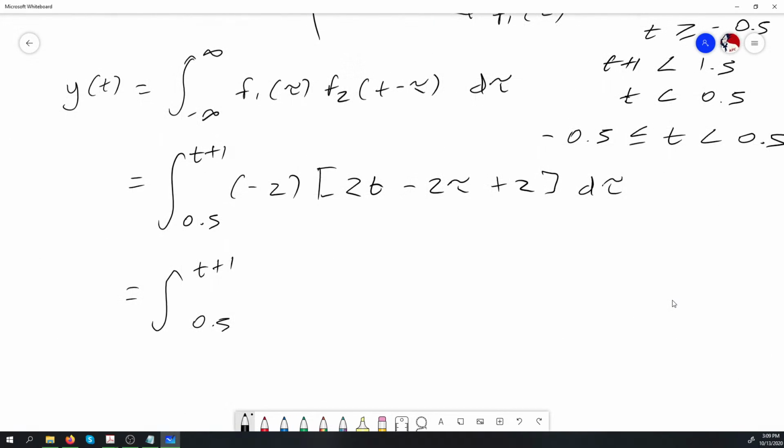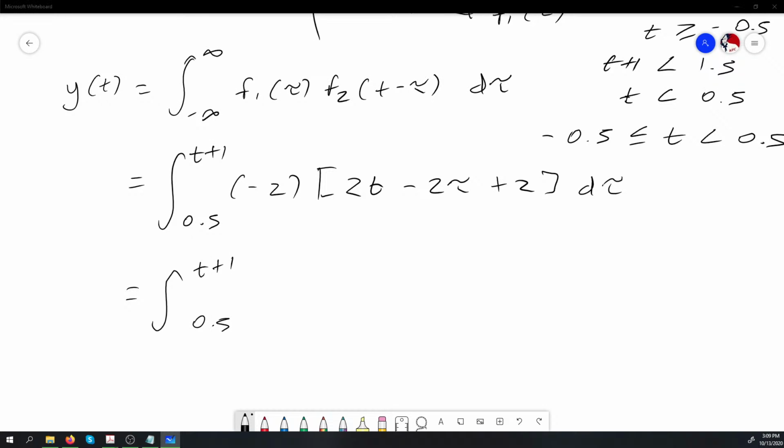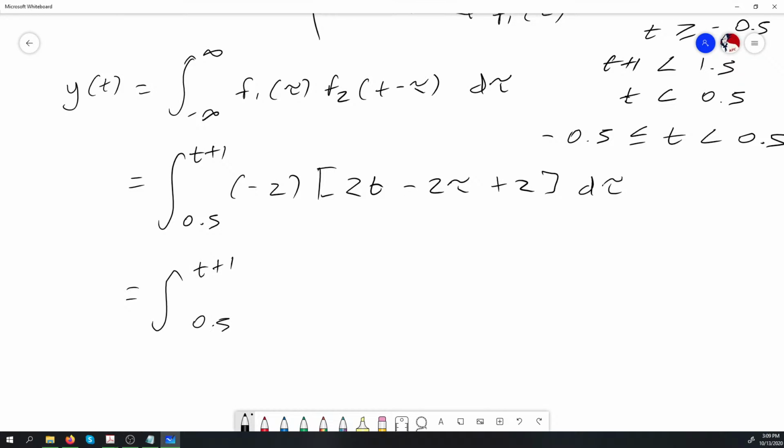And then we multiply this out accordingly, and let me just make sure. Alright, yep, that's correct. So we multiply those accordingly, and we get minus 4t plus 4 tau minus 4 respective d tau.